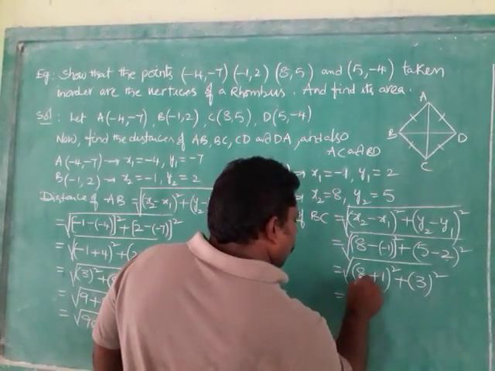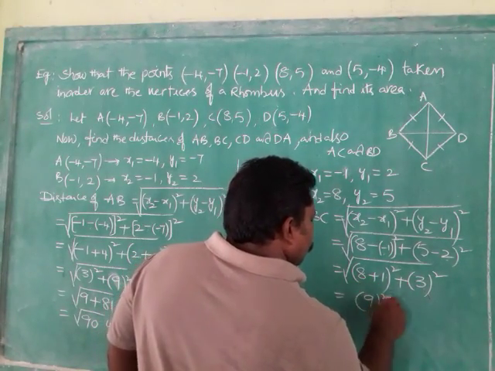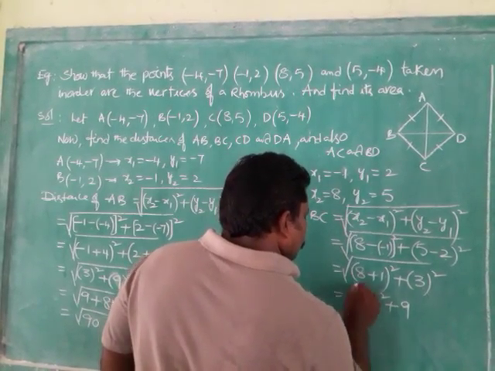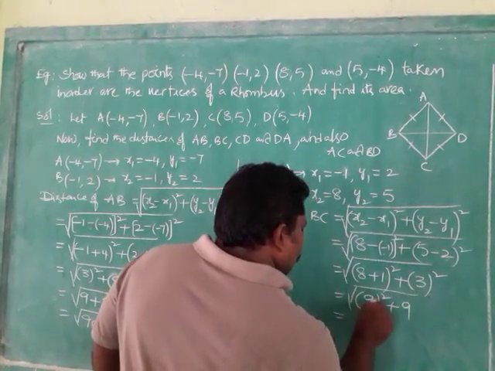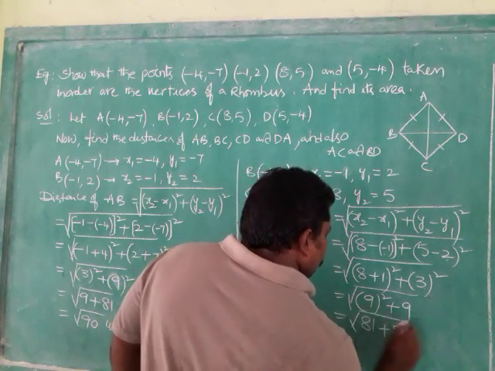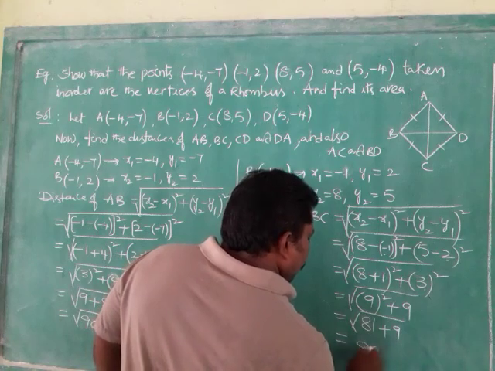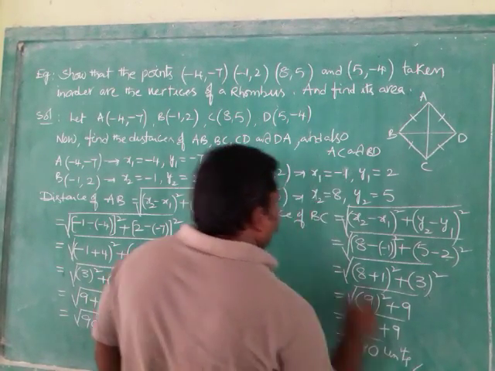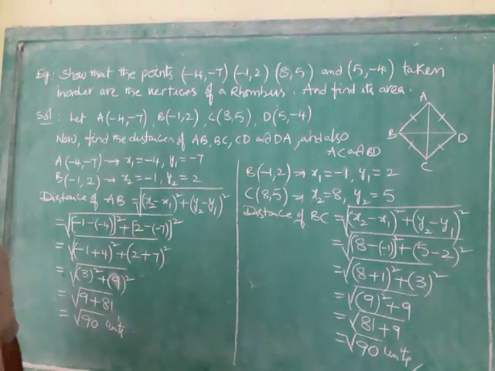Now which is equal to 8 plus 1, 9 square, plus 5 minus 2, 3 square, 9. 9 square means 81 plus 9, which is equal to 90 under the root units. It is the distance of BC.